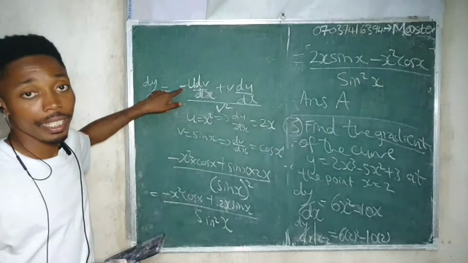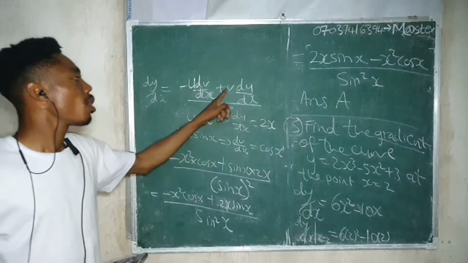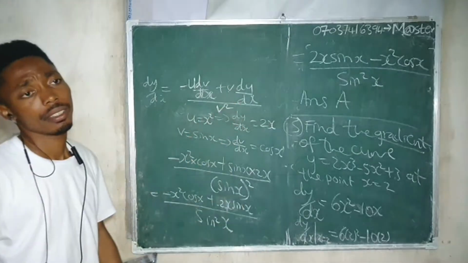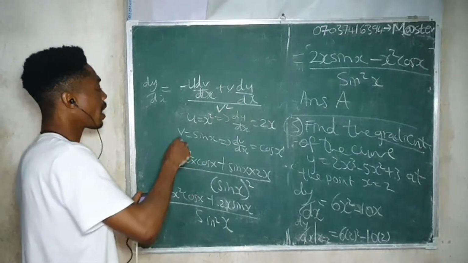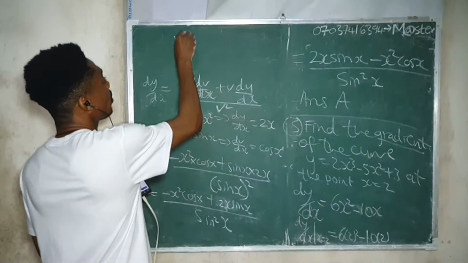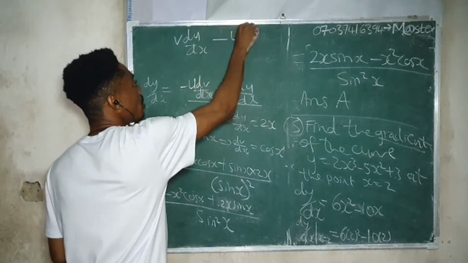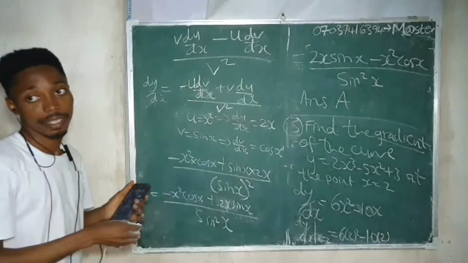Quotient rule says minus u dv dx plus v du dx all over v square. There is plus. Another way you can write quotient rule, Elijah, is v du dx minus u dv dx all over v square.